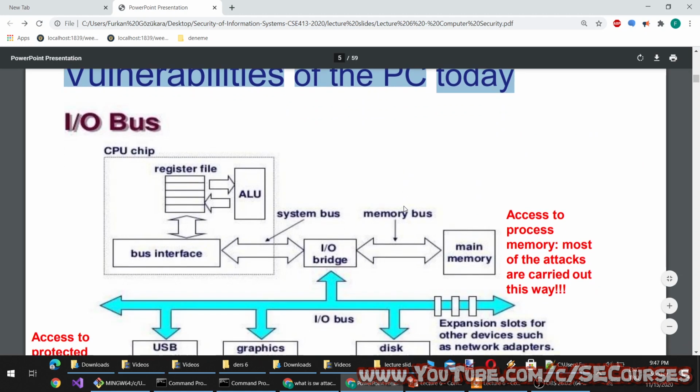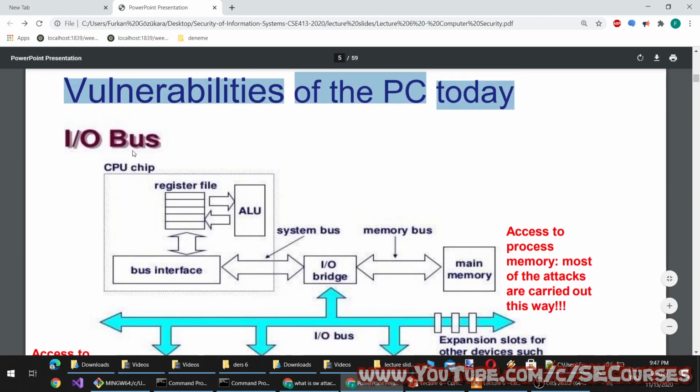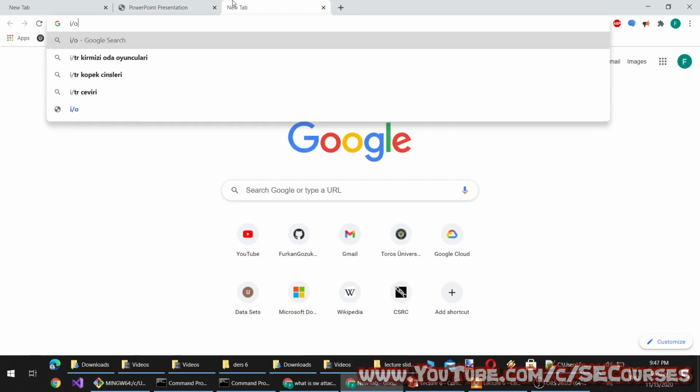Vulnerabilities of the PC today. Okay, so this is input-output bus. So what is input-output bus?